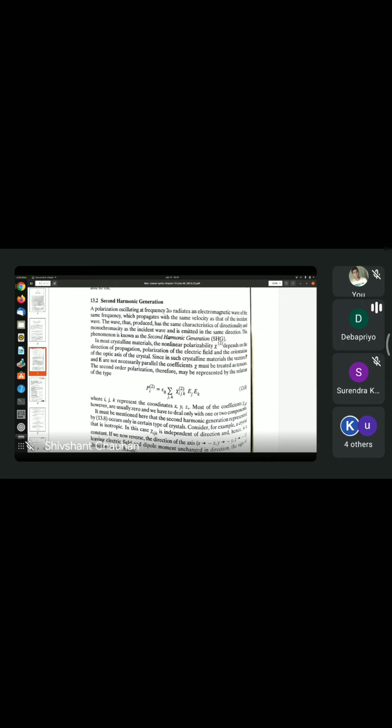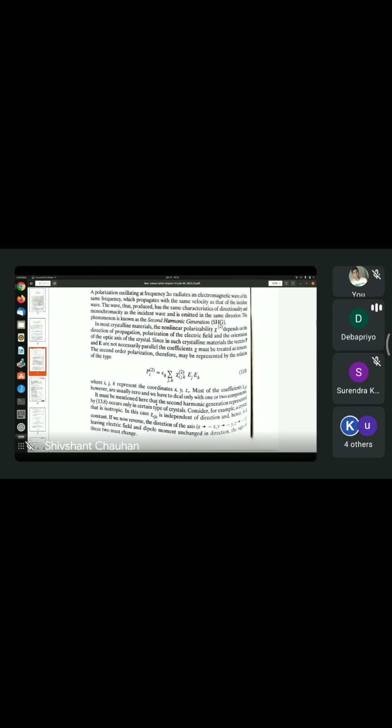So Pi2 is equal to epsilon 0 into chi ijk Ej Ek. I had mentioned this earlier, that because polarization is a vector quantity, in other words, a tensor of rank 1, you have to write down the right hand side in such a way that it's also a tensor of rank 1.